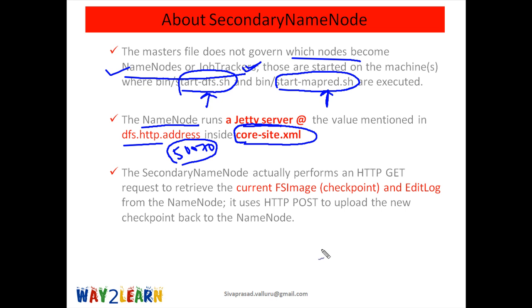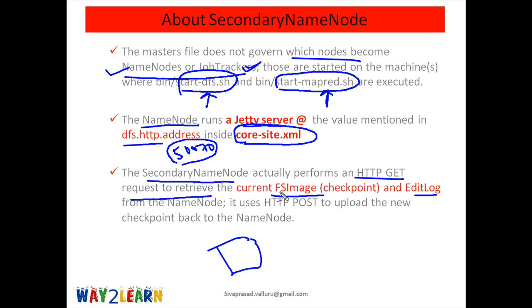So I told you that after every 1 hour the secondary name node will contact the name node and ask for the edit logs, right? So the secondary name node will actually perform an HTTP GET request to retrieve the current FS image and the edit log.